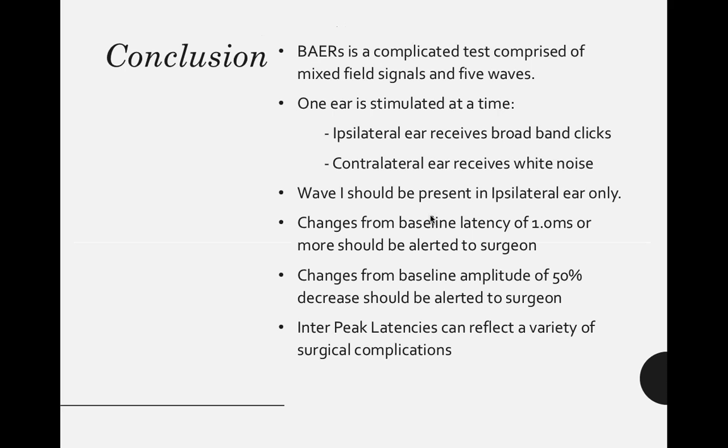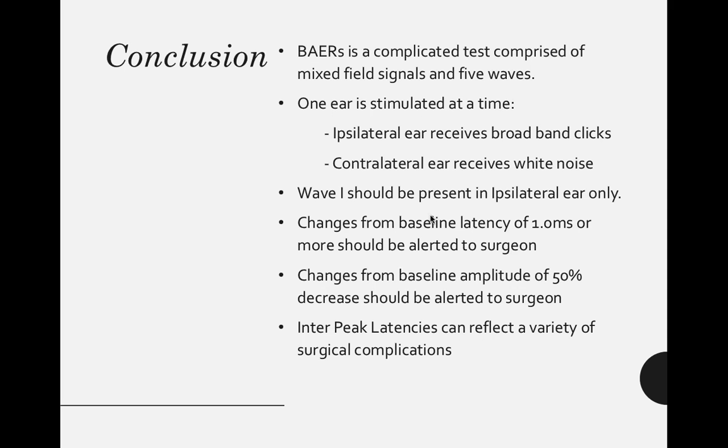So in conclusion, the brainstem auditory evoked response is a complicated test comprised of mixed field signals and 5 peaks, 5 waves. We have one ear which is stimulated at a time.